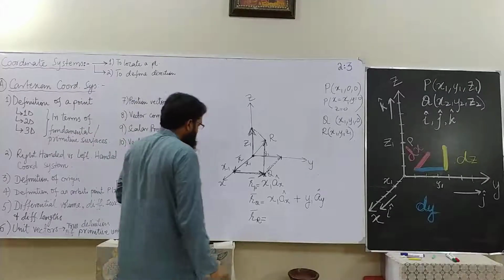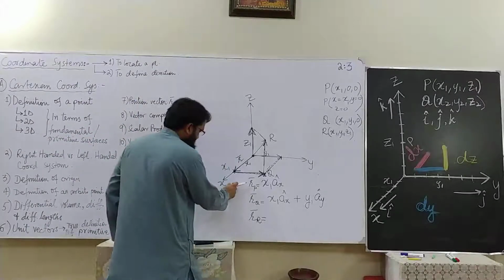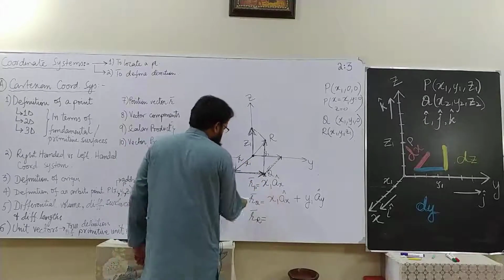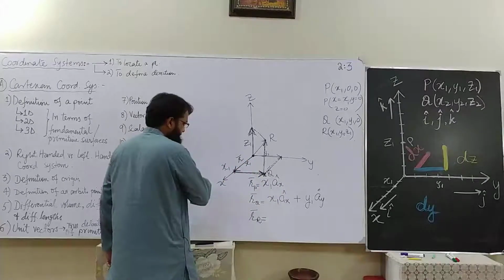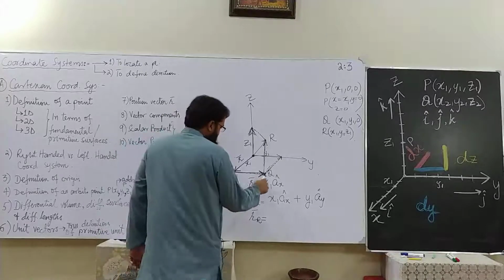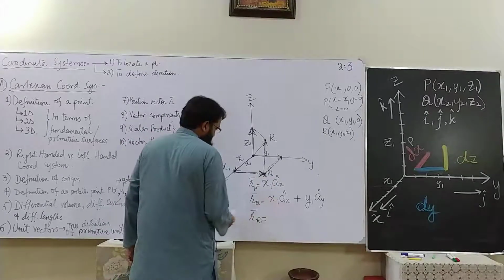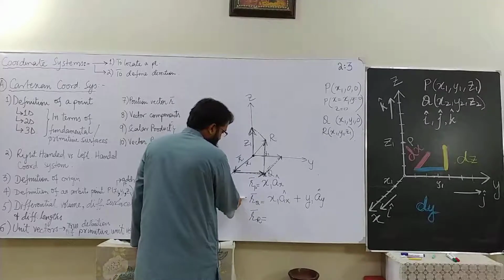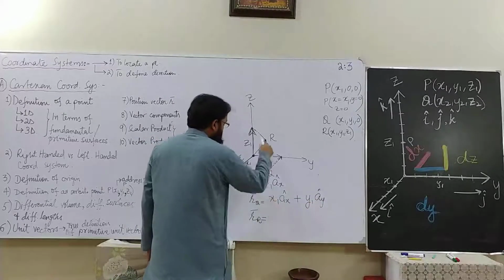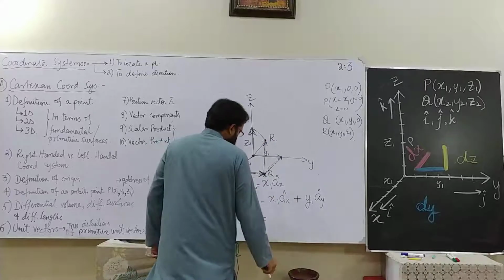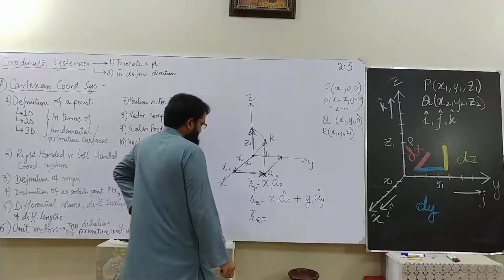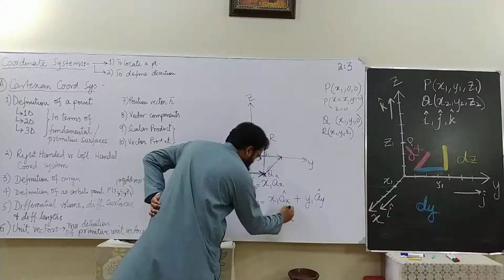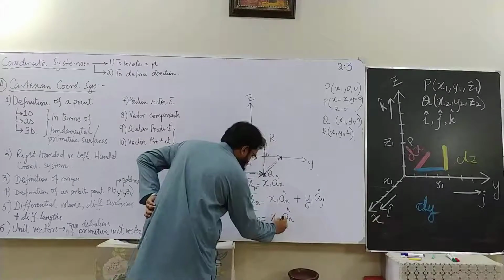So earlier we had in this case only one component, and by one component we mean move in the direction of x, that's it. In the case of Q, we had two components, meaning move in the direction of x and move in the direction of y. But in this case R we have got three components, meaning move in the direction of x, how many units, x1 units.